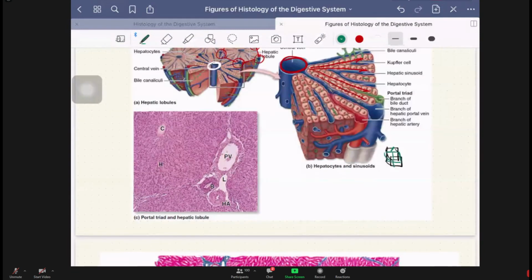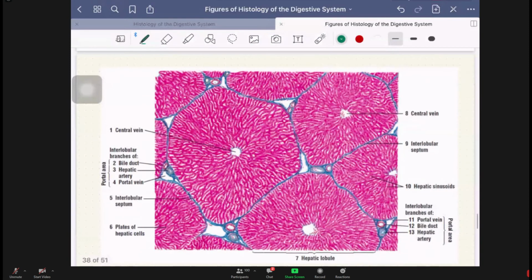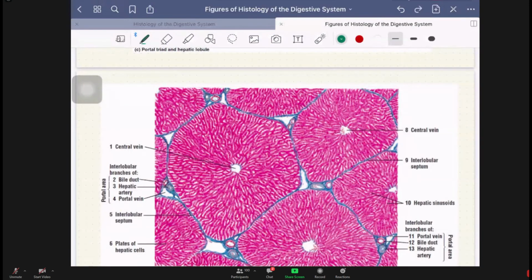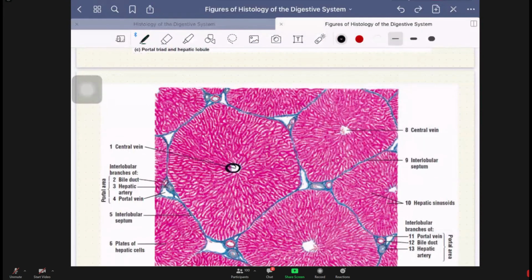Now, this is another schematic diagram or histological structure of the hepatic lobule. This is the central vein. These are the 1, 2, 3, 4, 5, 6 portal triads.